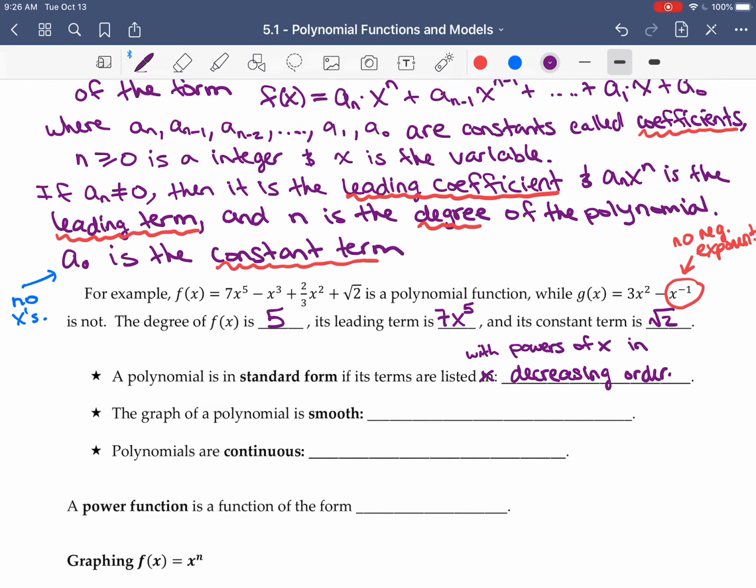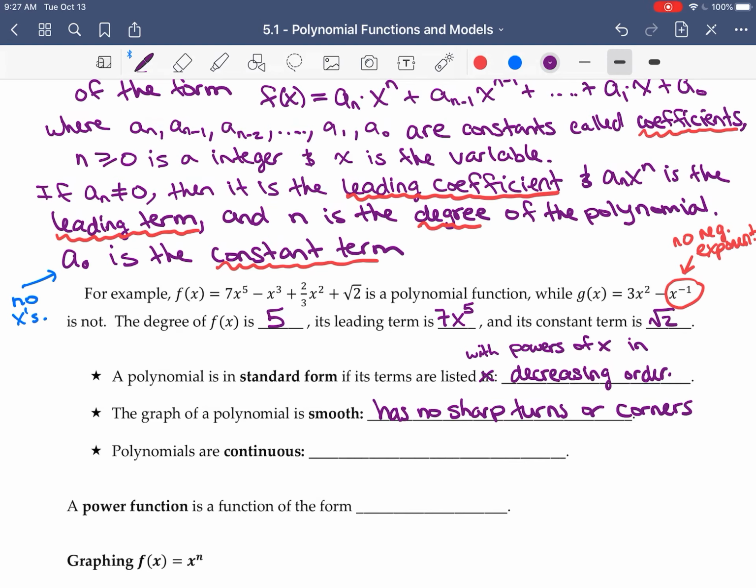The graph of a polynomial is smooth, so what that means is it has no sharp turns or corners. It's nice and smooth to draw.